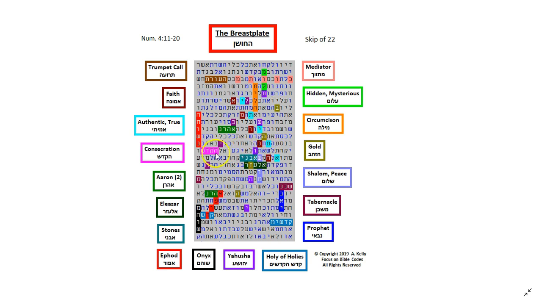We have the word consecration, or it can mean the holy place. HaKadosh can mean the sanctuary. Tabernacle. It's in the plain text of Scripture in these verses here. Now it starts on this one line and then goes down to the next line because it's such a small table.